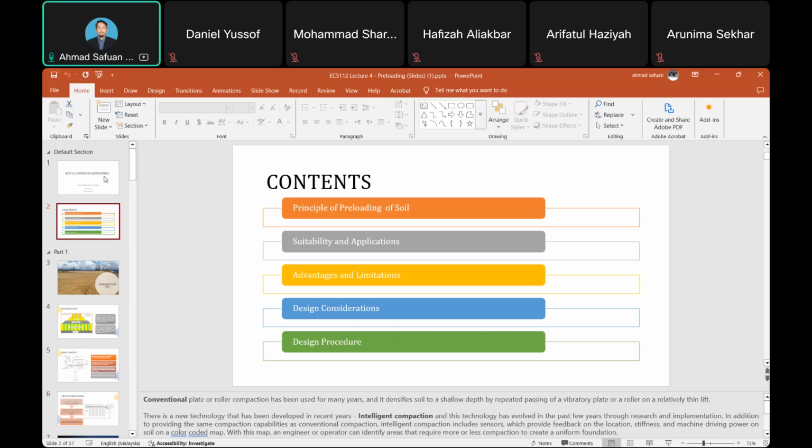As we have discussed before, there is a lot of surface loading that we use.